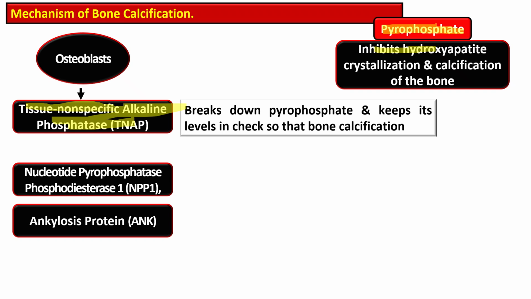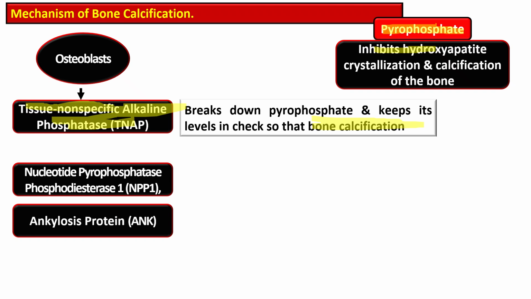The effect is decreased pyrophosphate. Then, due to this decreased pyrophosphate, calcification is allowed. So TNAP deficiency causes soft bone, as seen in mouse models with low TNAP.